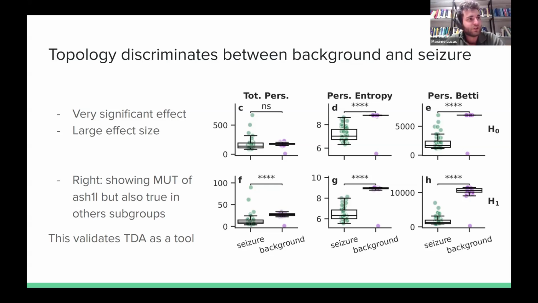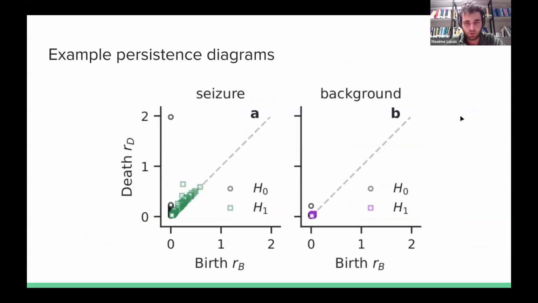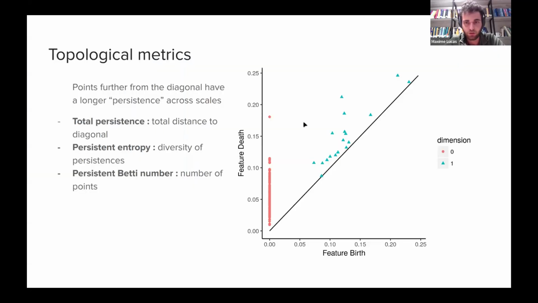Yeah, that's an interesting one, and that's what I was trying to do also with this simple model I was telling you about, generating more uniform or more clustered data. It's not always immediate to find a configuration that can fit these different metrics at the same time. In this case, you have a higher persistent Betti number in the purple one, so that would mean many more points than in the other case.